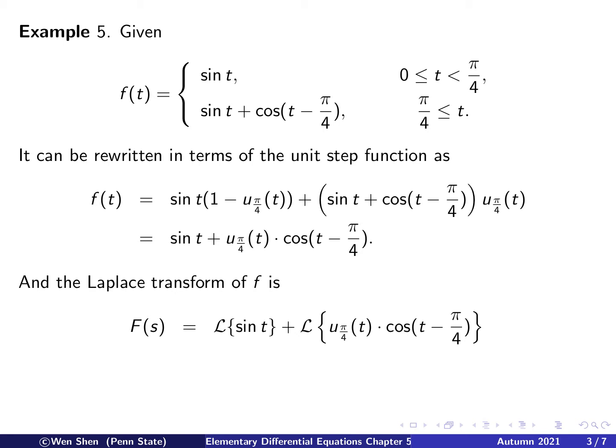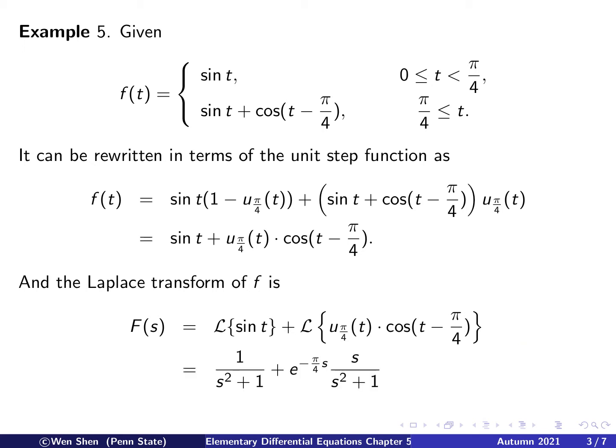Let me write: this function can be written as u_c(t) times a function g of t minus c, where c is pi over 4, and g as a function of t, the original unshifted one, is cosine t. So we should be able to recognize that, and then we can apply the shift theorem. We take the Laplace transform of cosine and then multiply with e to the negative cs, where c is pi over 4.